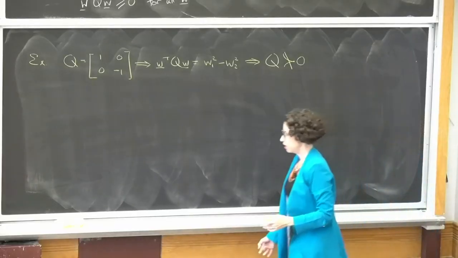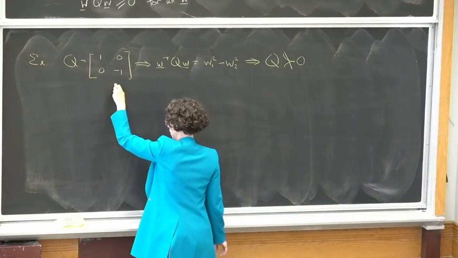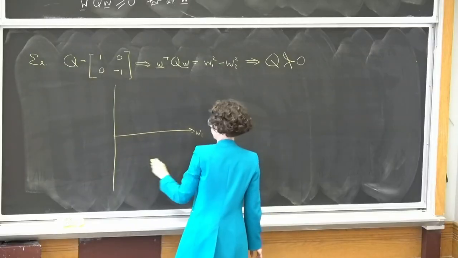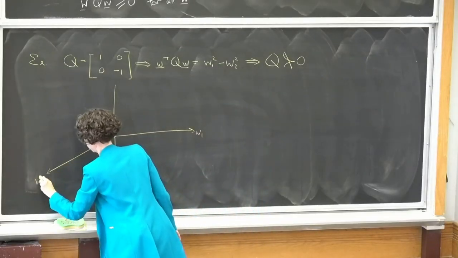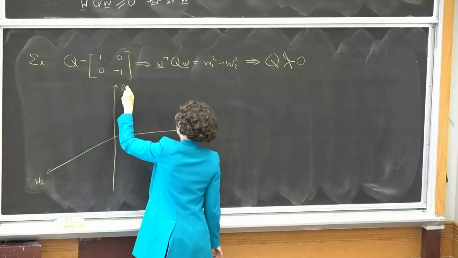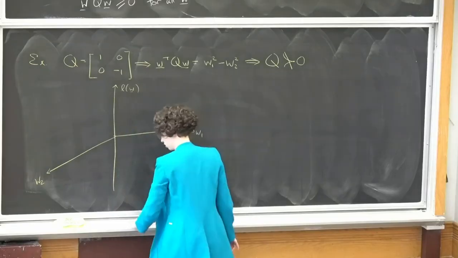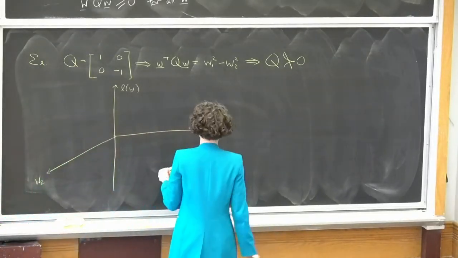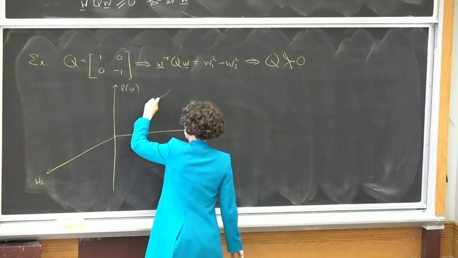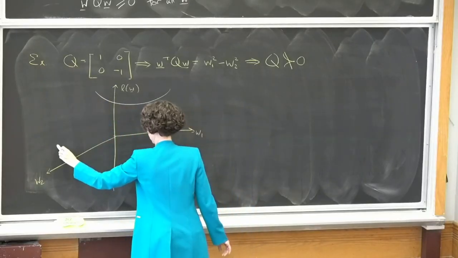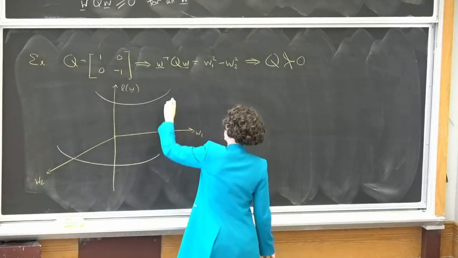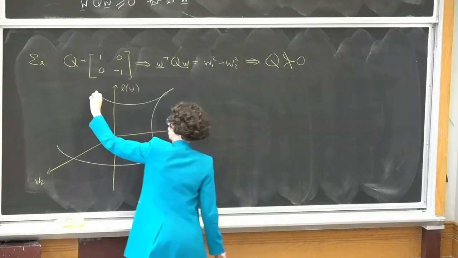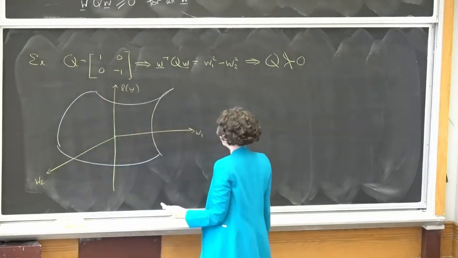And if we were to plot this function, or the loss associated with this Q, then we get something that in the W1 direction looks bowl-shaped, but in the W2 direction looks upside down bowl-shaped.